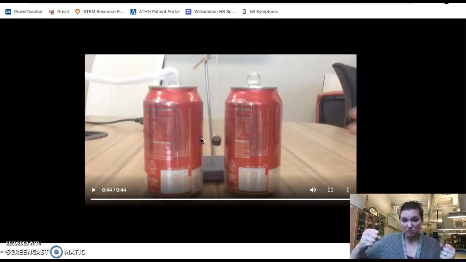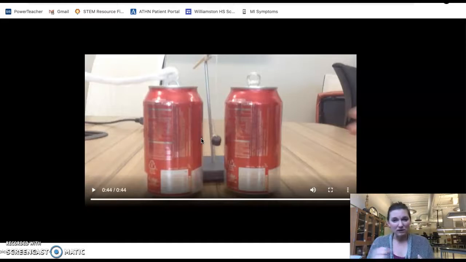So that ball wants to move away, and it goes over and bumps the other can, which was neutral, and now it has that charge too. Then it's repelled from that one, goes back to the other one, and it's going back and forth. But as soon as the Van de Graaff is turned off, it calms down and stops, because that charge has hit this can and it's just gone out into the system. It's not being produced anymore.